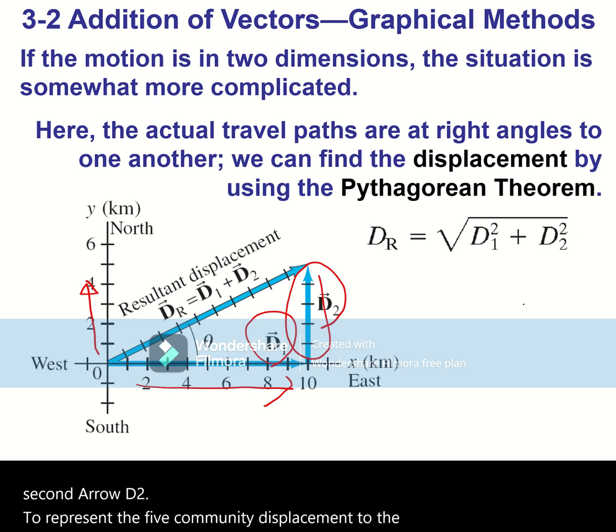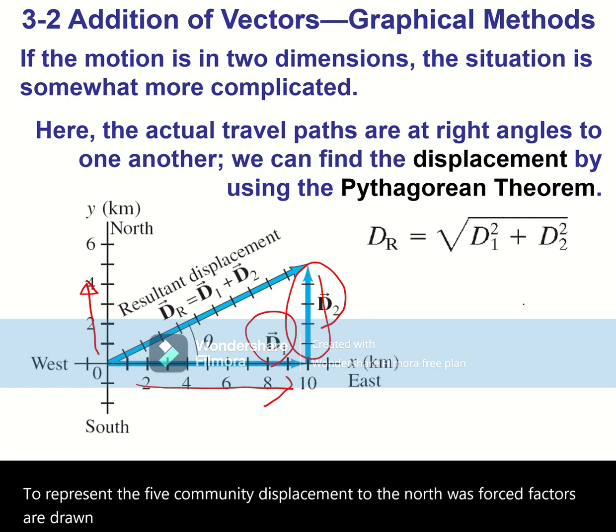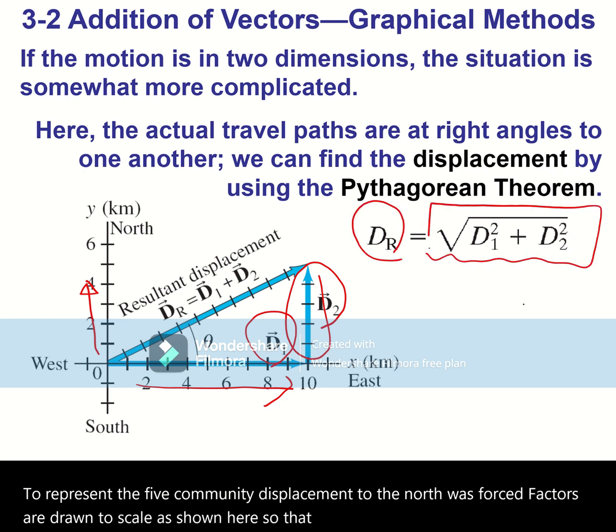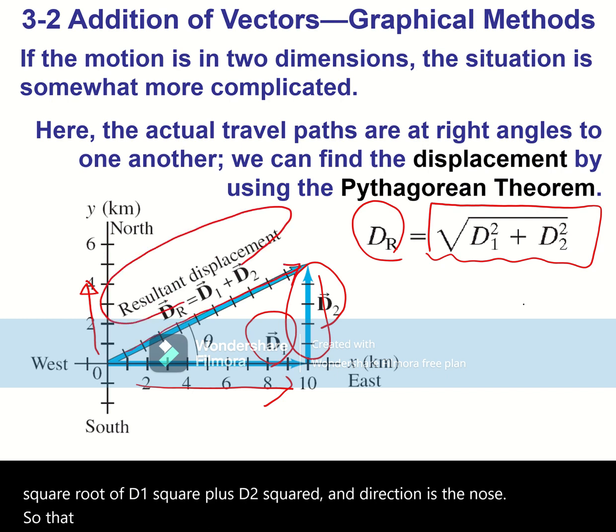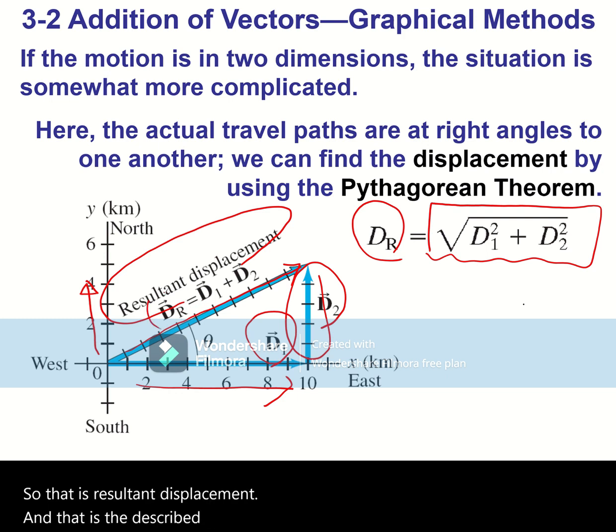Both vectors are drawn to scale as shown here. So the magnitude of this displacement is the square root of D1 squared plus D2 squared, and the direction is east of north. That is the resultant displacement, and it is described by this notation.